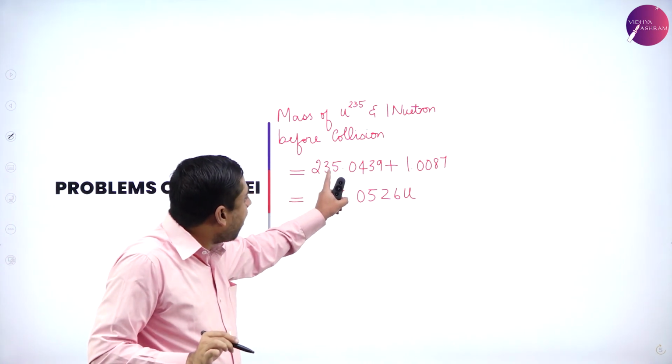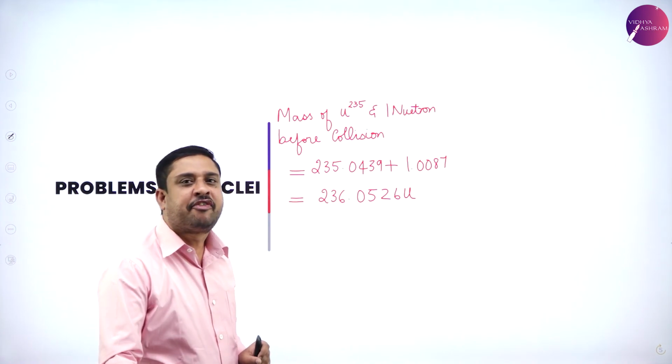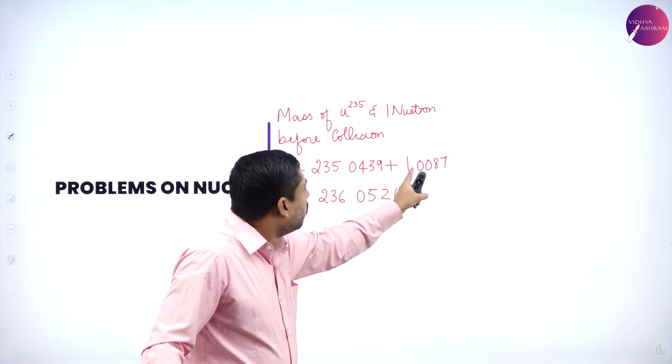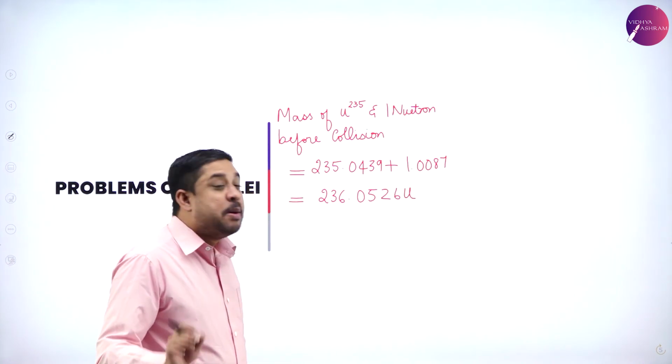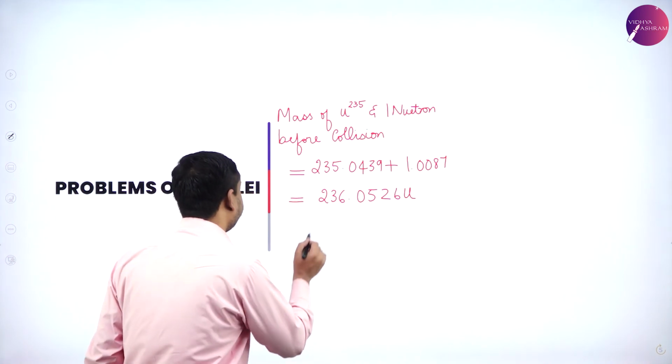So this is the mass of uranium-235 plus 1 neutron before collision.